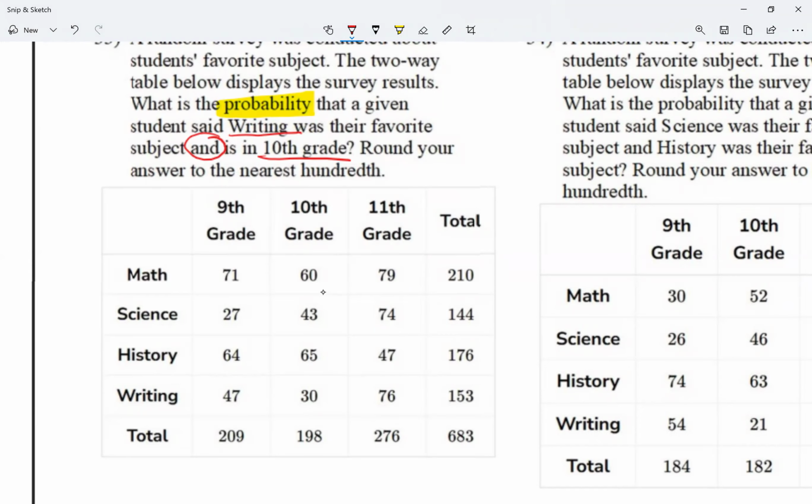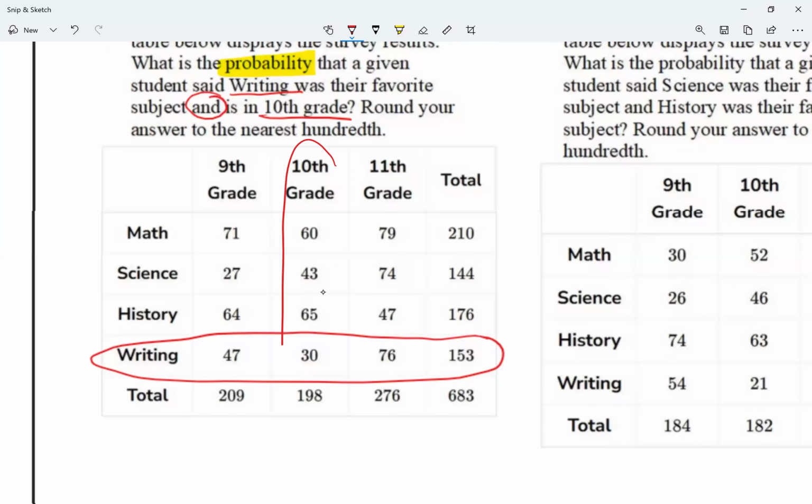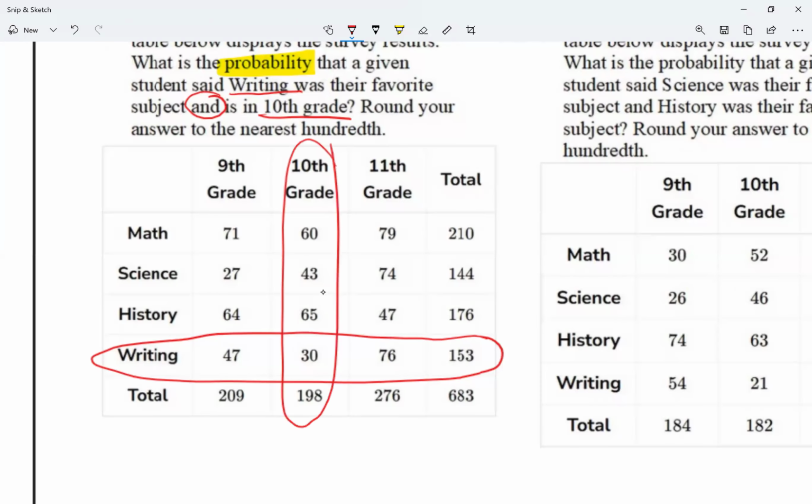So when I'm using the word and, these two things have to intersect. Writing and 10th grade have to meet somewhere. When I'm looking at my writing information, this is all writing. When I'm looking at 10th grade, this is it. Because I'm using the word and, I see they intersect, they cross at 30.